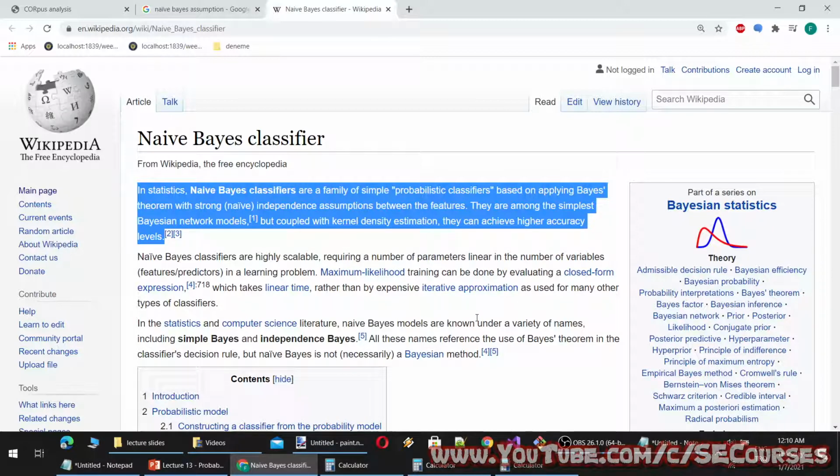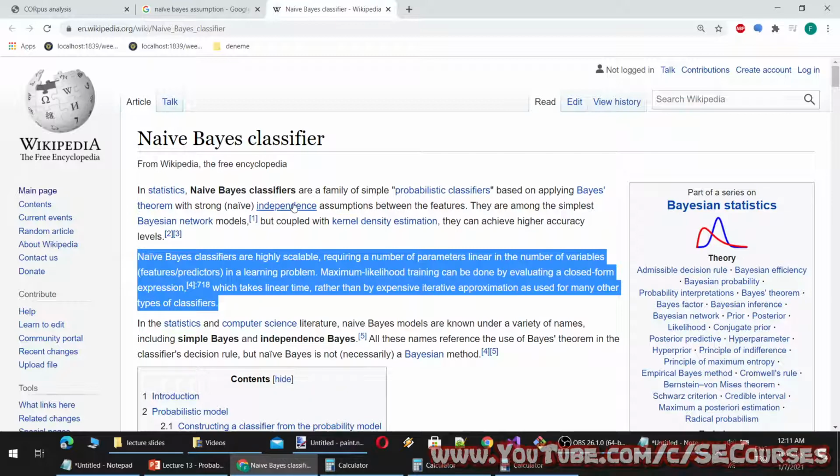In statistics, naive Bayes classifiers are a family of simple, probabilistic classifiers based on applying Bayes' theorem with strong, naive independence assumptions between the features. They are among the simplest Bayesian network models, but coupled with kernel density estimation, they can achieve higher accuracy levels. So you see, it assumes that there is a strong independence.